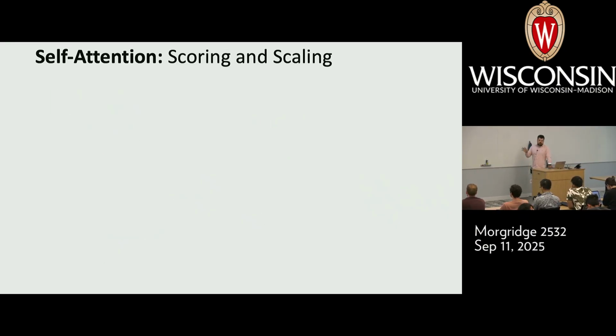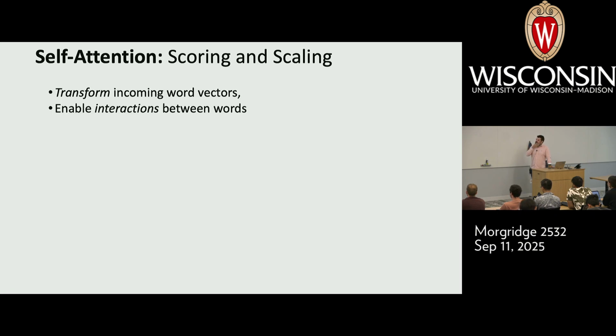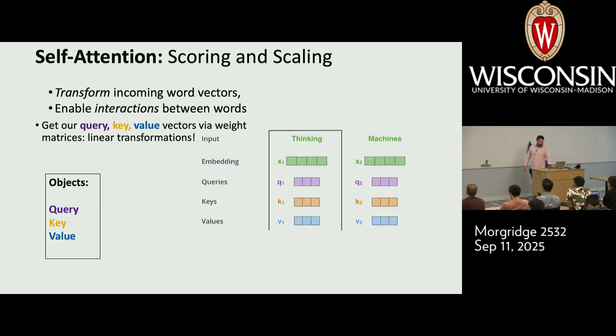Now, just to make things slightly more fun, I'm going to do a little bit of scaling, and we'll see this in just a second. Here's where we are so far. We have our embeddings. We transform them with our query, key, and value weight matrices into these three vectors. And now I go ahead. I'm looking at the first word. I'm processing this one. That is thinking.